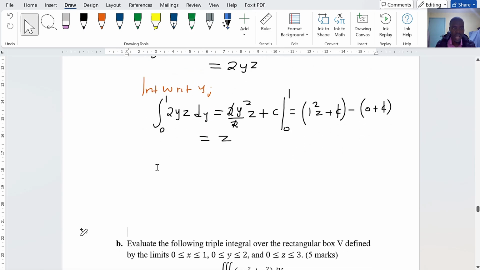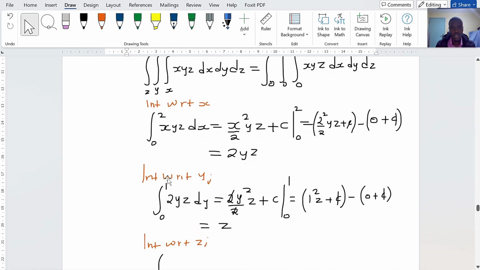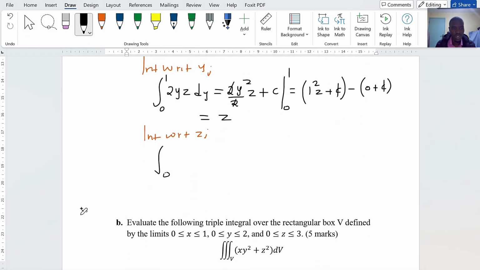Now we will go to the outer, the last one, integrating with respect to z. The range is 0 to 3 for the outer integral. So 0 to 3 of z dz. Now this is z squared over 2 plus c, then 0 to 3.